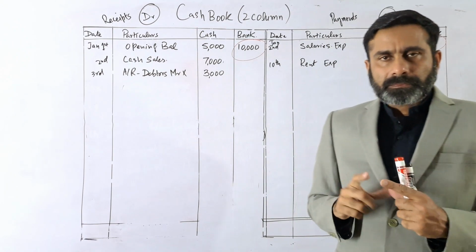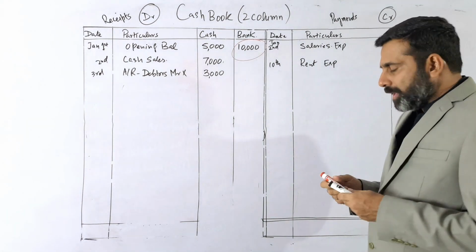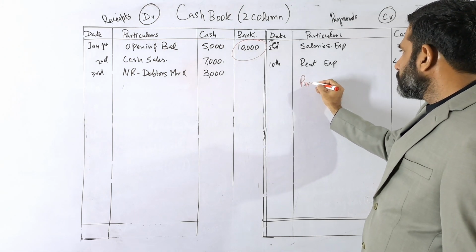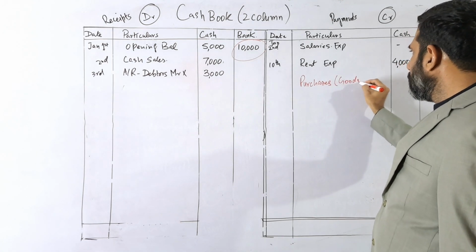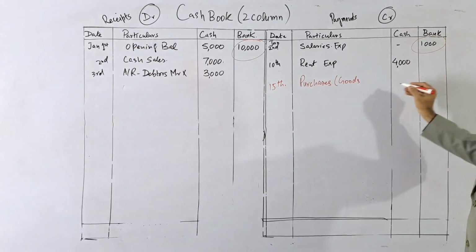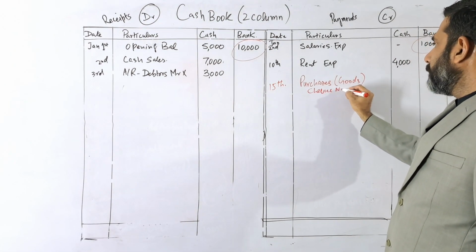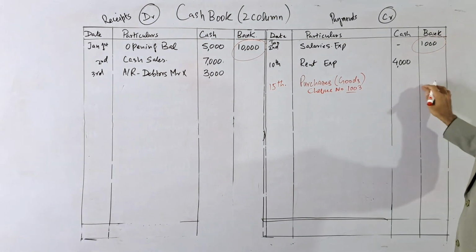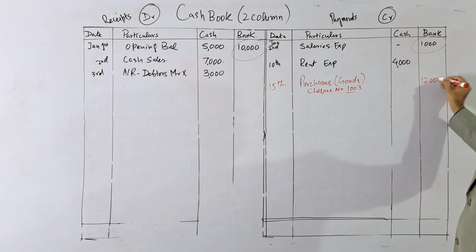Now, is it possible that you have to pay for the purchases of goods? Let's say you are paying on the 15th and you pay by check, check number 1003, and you issue a check of $12,000.